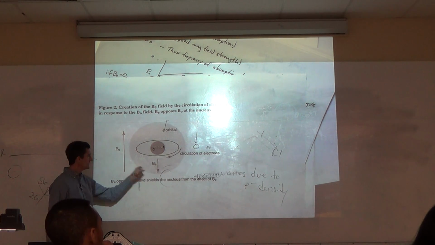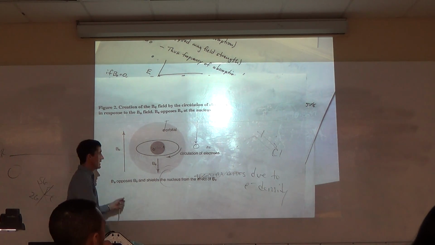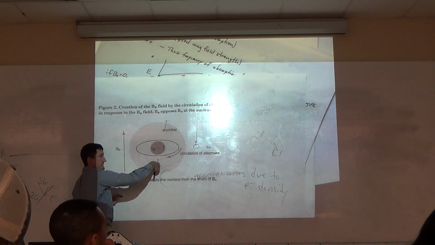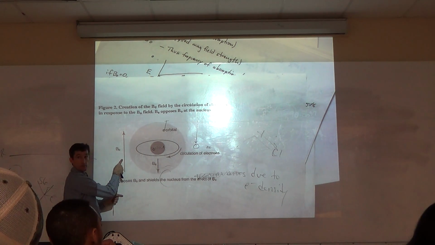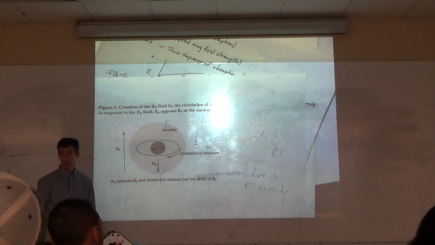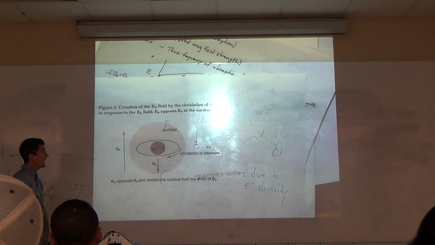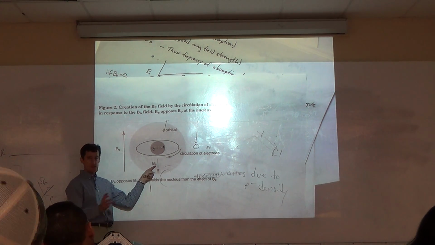Is it shielding the nucleus from this? Yeah, it's shielding it, because the more you have of this, the less of this it feels. This is a shielding effect. And thus, the less you have of this, the more it is a de-shielding.